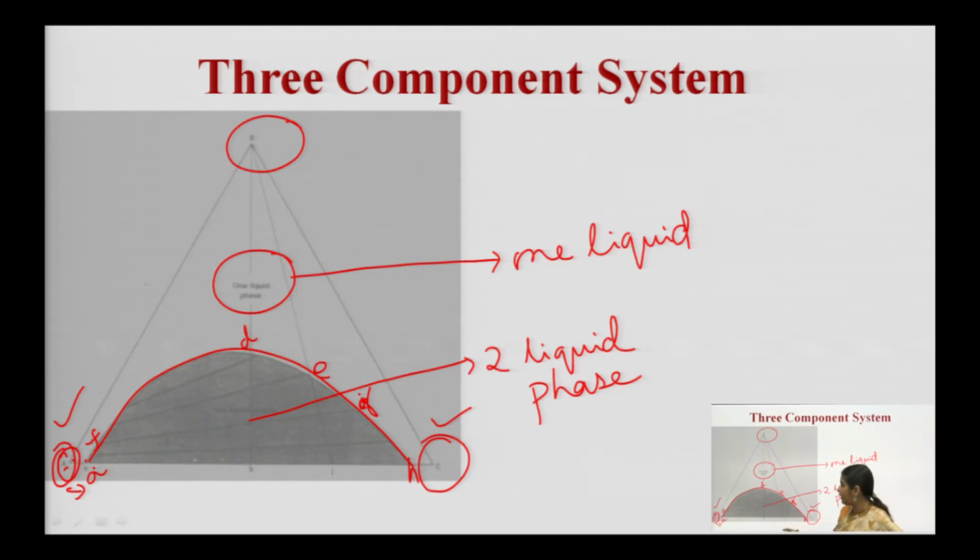Along this tie line 2 conjugate phases exist, meaning any system which falls on this tie line exists at a constant composition at equilibrium. With the help of this we can find the relative composition of the phases. If we know the composition of one phase, we can find the composition of the other phase using this tie line. And above this it will exist in one phase.